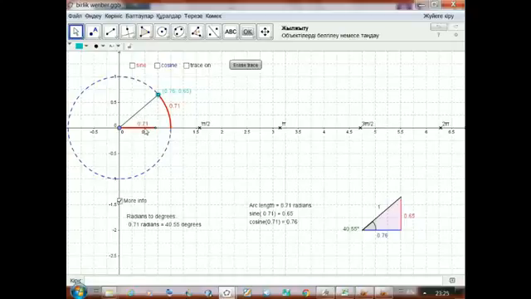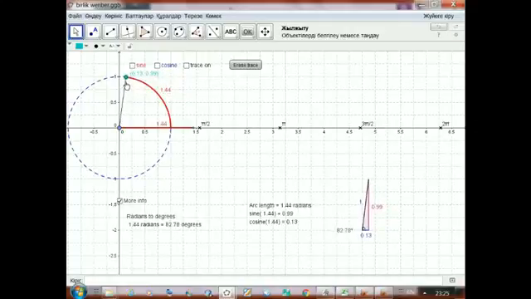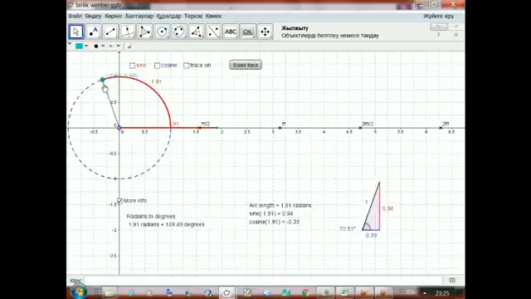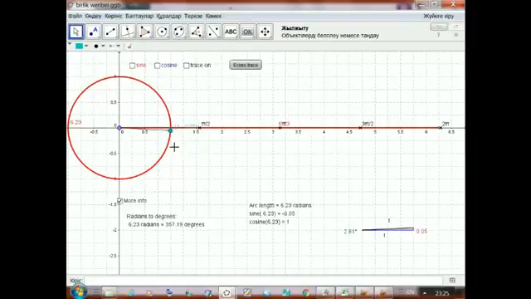This line segment shows us the length of this arc. As we increase the angle, the length of the line segment is increasing. When we have the complete angle, it's 2 pi, the length of the line segment is what?